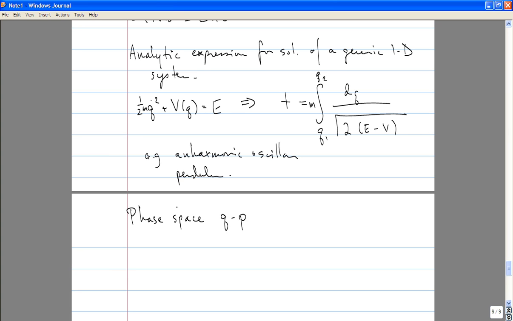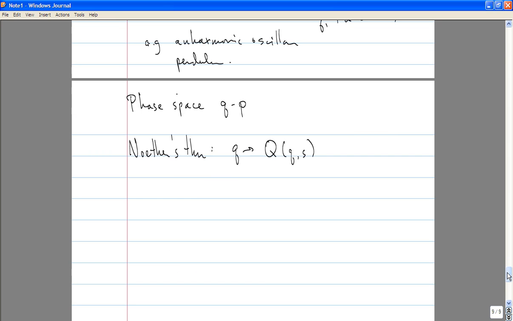Finally, we moved on to discuss Noether's theorem in general. And we saw that if we have a continuous symmetry which depends on a parameter s, then one can construct the corresponding conserved quantity, which is given by summing over the dynamical variables indexed by i of p_i times the variation of the dynamical variable with respect to s.